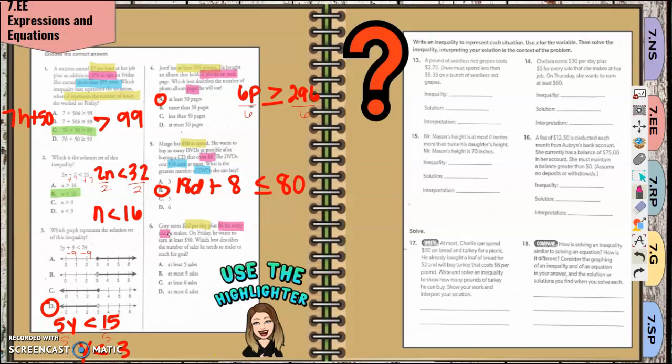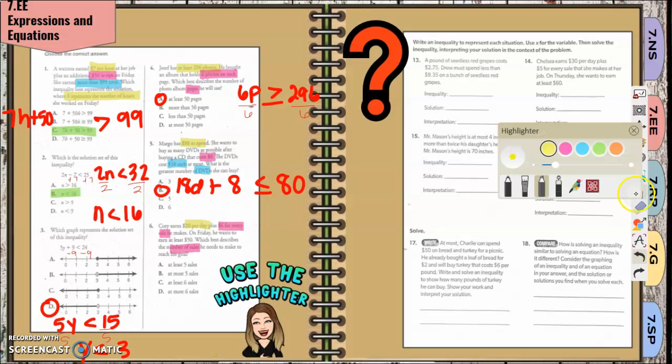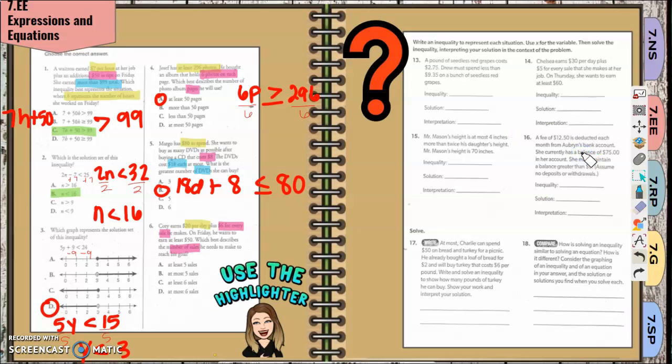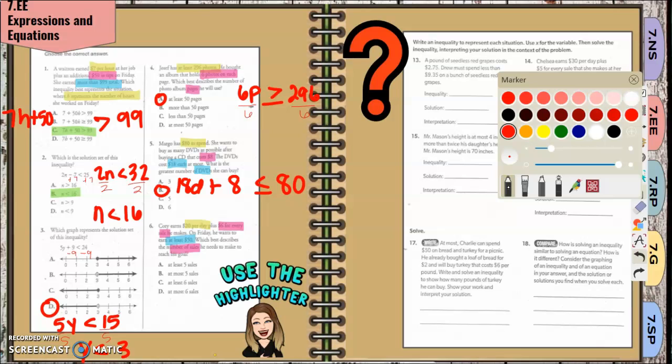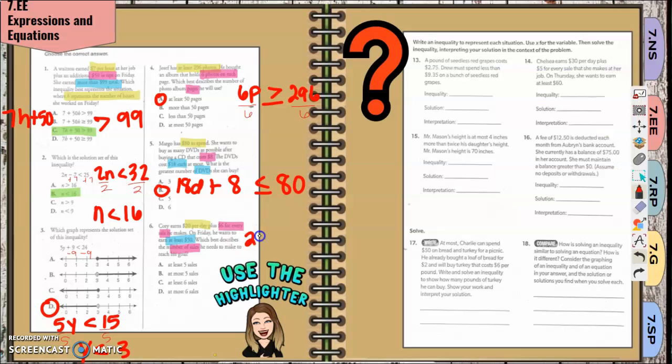So that's his constant. The $6 is the coefficient of the number of sales that he needs to make. And he wants to earn at least $50. He could earn more than $50. He could earn $50. So my inequality symbol is going to be greater than or equal to. So $20 per day plus $6 for every sale is greater than or equal to 50.